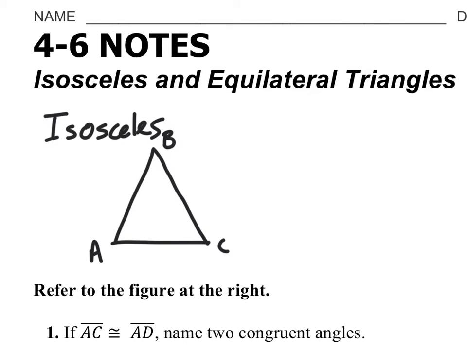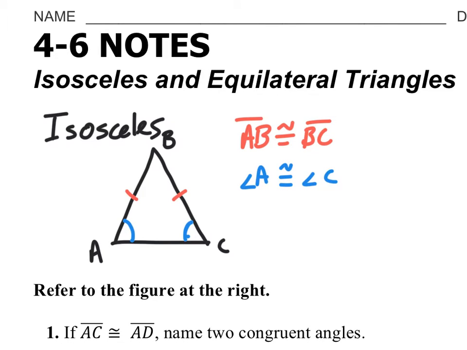What we know about an isosceles triangle is that AB is congruent to BC. What we also know here is that our base angles, angle A and angle C, are also congruent.